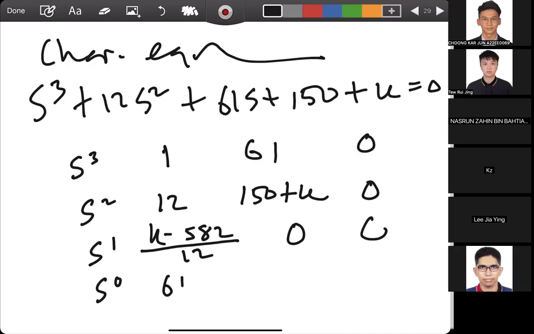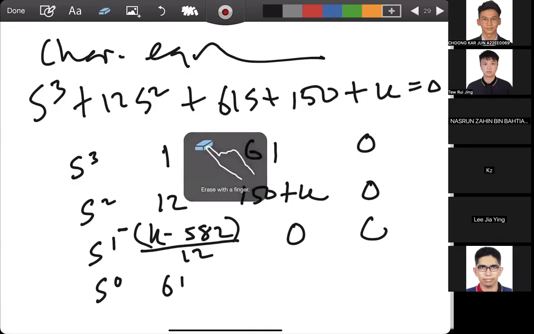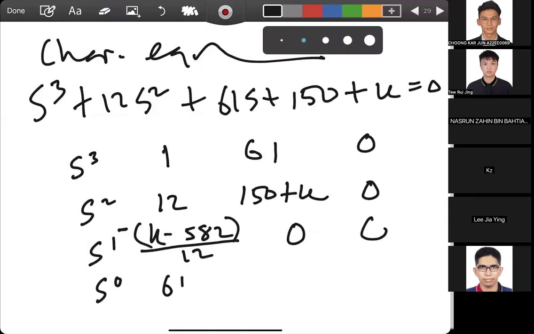Above? This one should have negative. Yeah. Negative bracket K minus 582. Yeah. Correct. The last one? This one 61. Correct. Okay, 61.